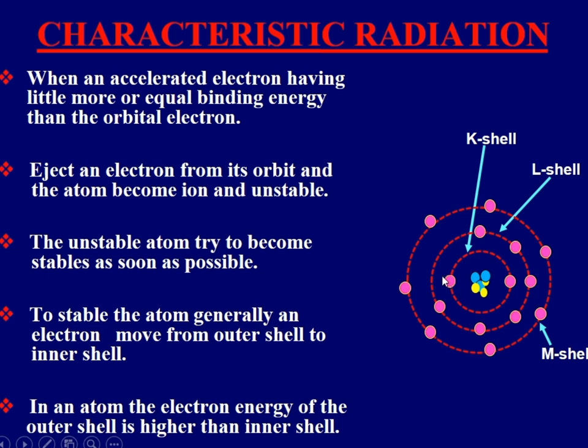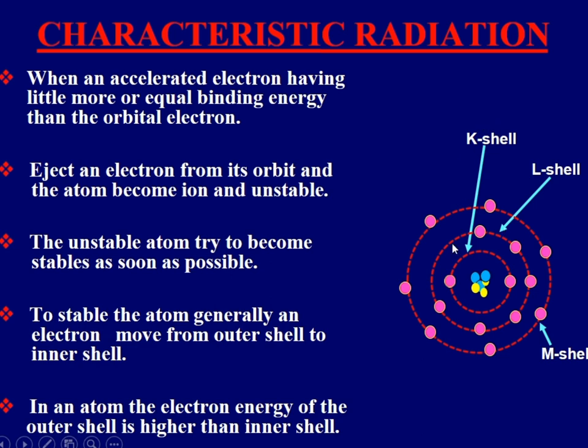We have already discussed that Bohr stated that whenever there is a transition between two different levels, a respective photon is released. This is how a photon is released, which is called characteristic X-ray radiation or characteristic radiation. This is the basic physics behind the production of characteristic radiation.